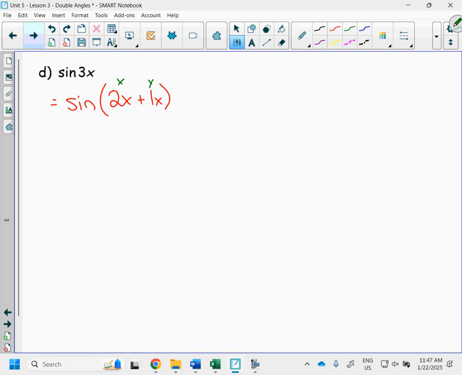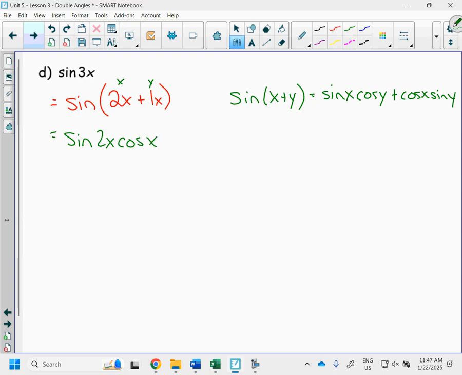Well, we have a formula. If we have the sine of x plus y, it's on your identity sheets. It's really just the sine of the first angle, cos of the second, plus cos of the first angle, sine of the second. Or in our case, my first angle happens to be 2x's, and my second angle is 1x, plus the first angle, the second angle.